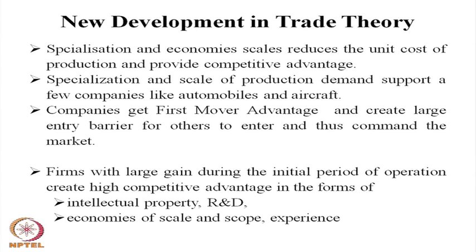Similarly, a firm with large gains during the initial period of a product's operation creates high competitive advantage in the form of intellectual property rights, R&D expenditure, economies of scale and scope, and experience, and creates an artificial barrier for other companies to enter into the production process and compete with them, and they alone can command the international trade market.